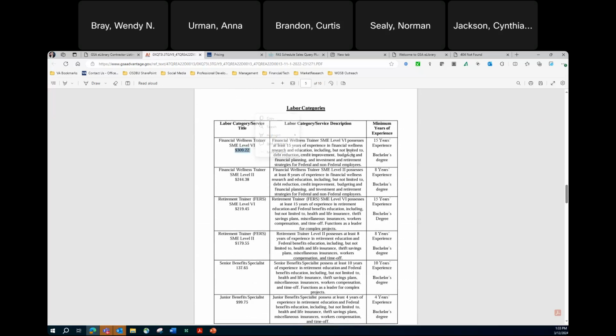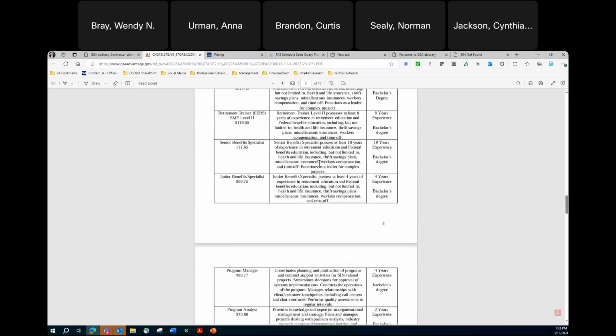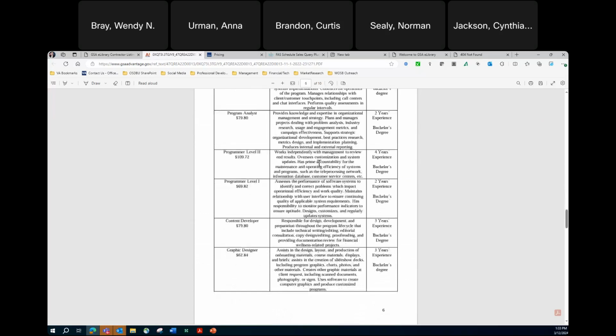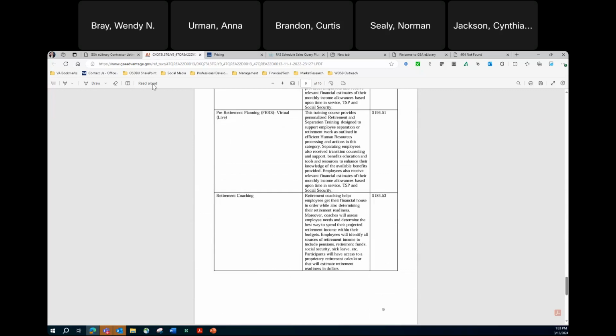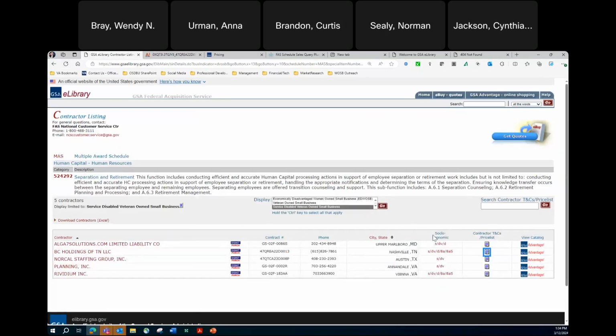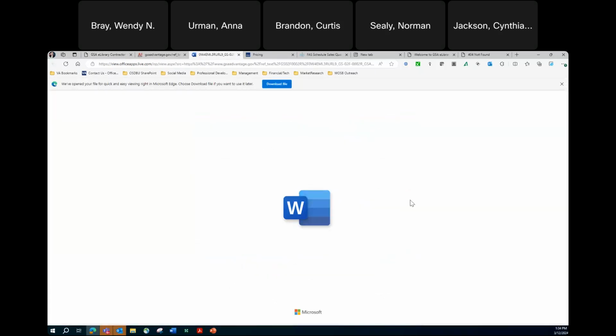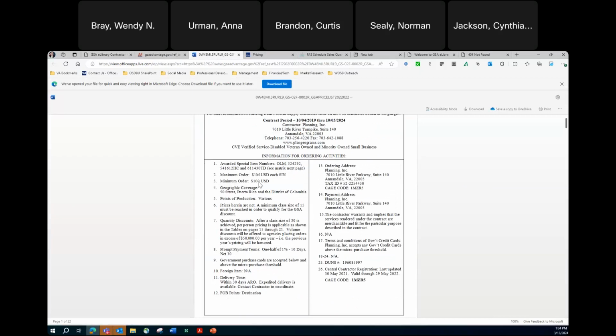We'll talk about rates later when we get to the labor rate calculator. But this gives me the individual labor rates for that company for all of their services. You could do that for any one of them. They won't look exactly the same, but they'll be pretty similar in terms of what to expect.